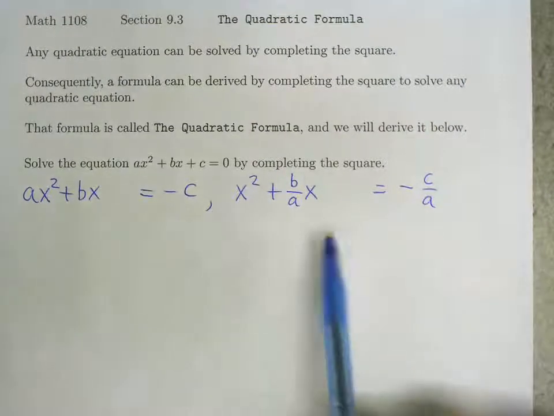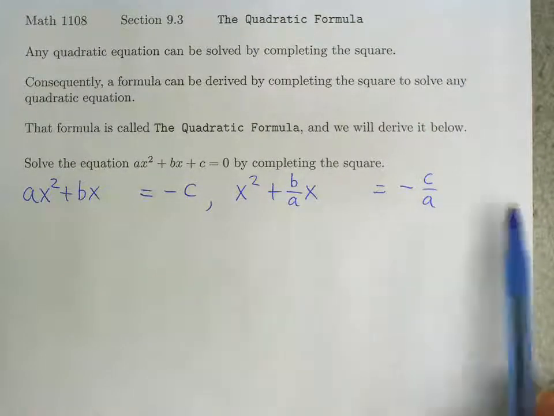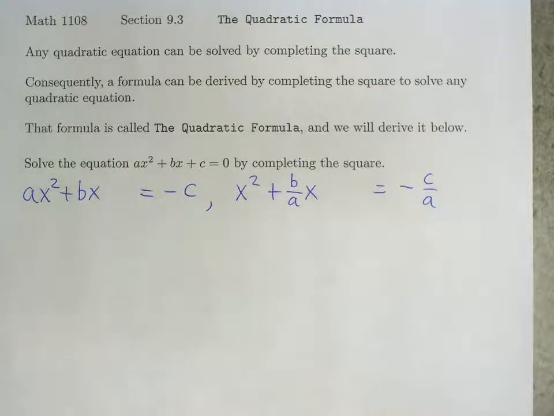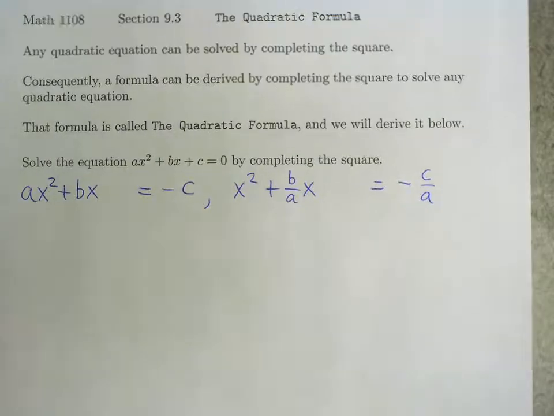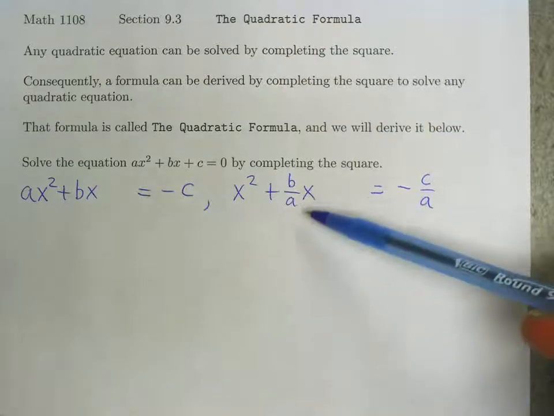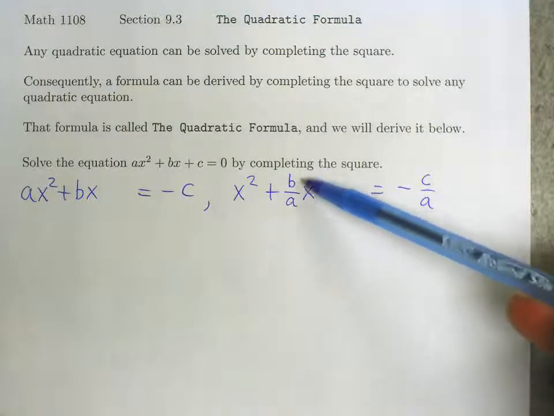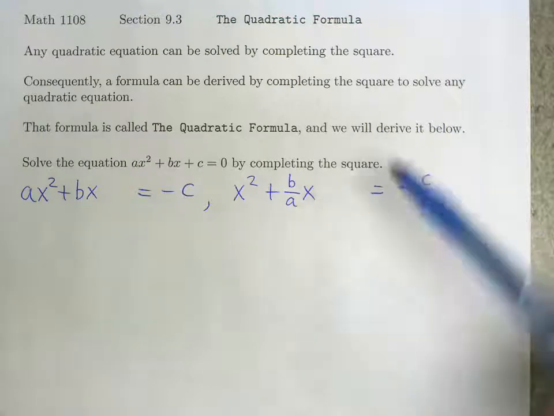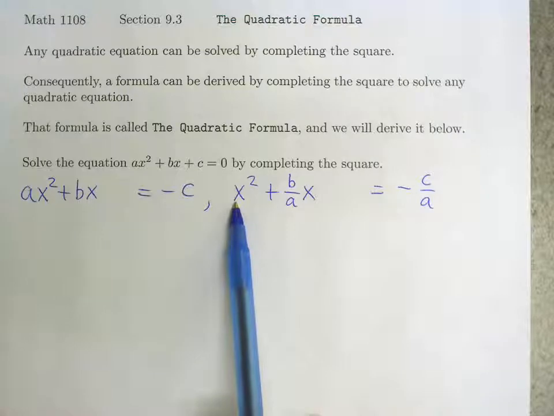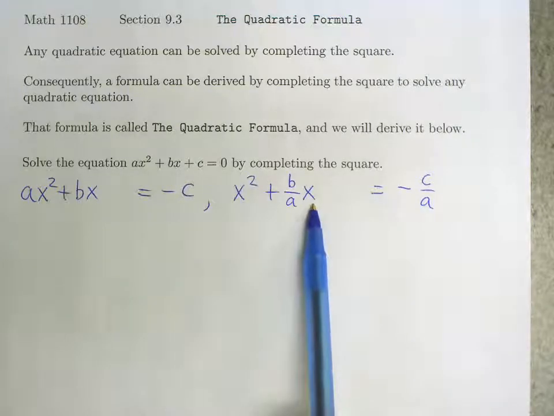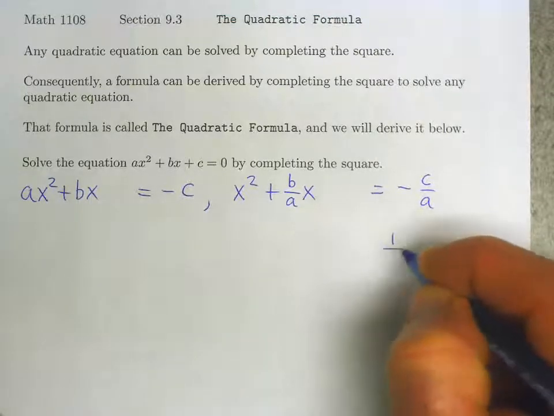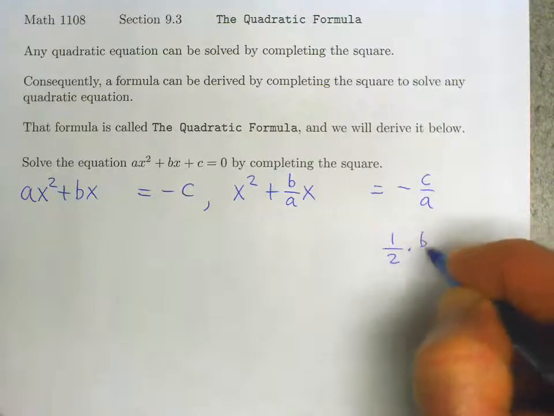Okay, then we're going to add a number to both sides of the equation so that the left-hand side is a perfect square trinomial. The process is exactly the same as we saw in the previous examples. The coefficient of x is b over a. But first, note that the coefficient of x squared is 1. So that means we want to take 1/2 of the coefficient of x. So that means 1/2 of b over a.